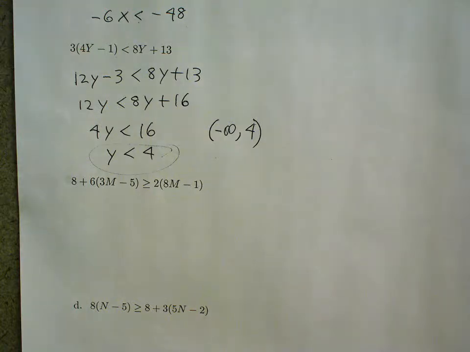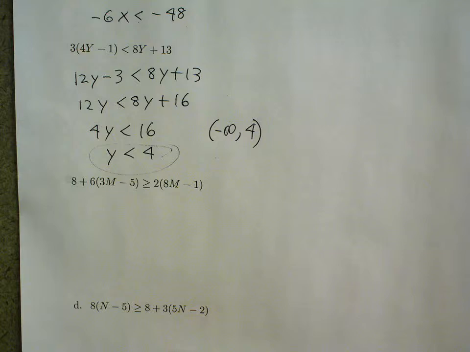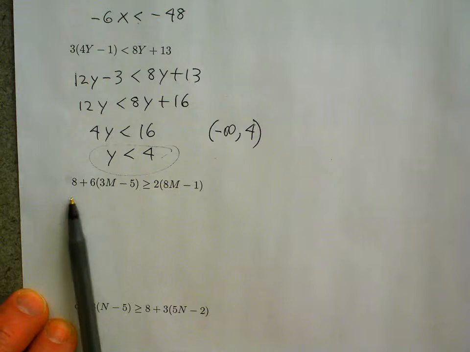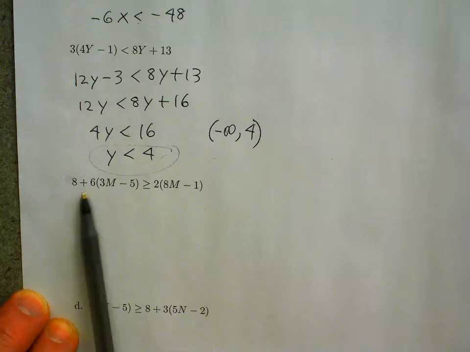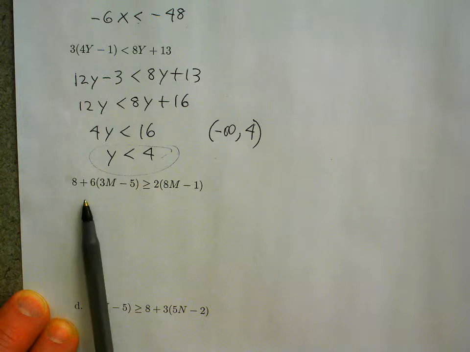Could you add the 8 and the 6 first? That would be illegal, to add the 8 and 6. The reason I was asking is in case there's that misunderstanding; I was hoping someone would bring that up. So remember the order of operations? We have to do multiplication before addition.